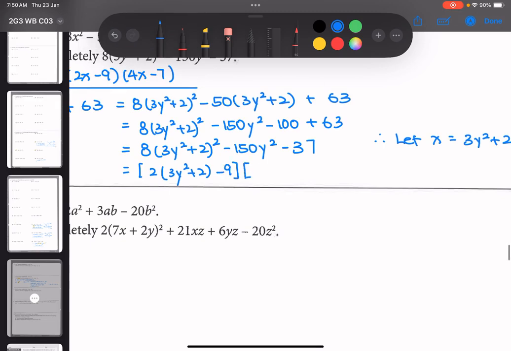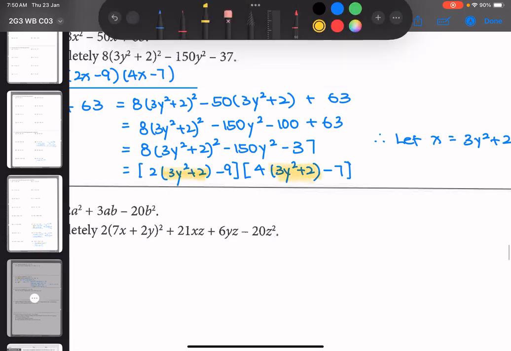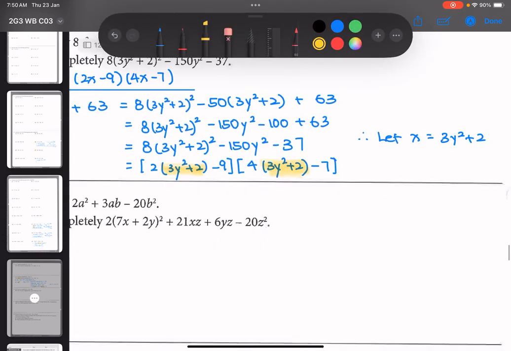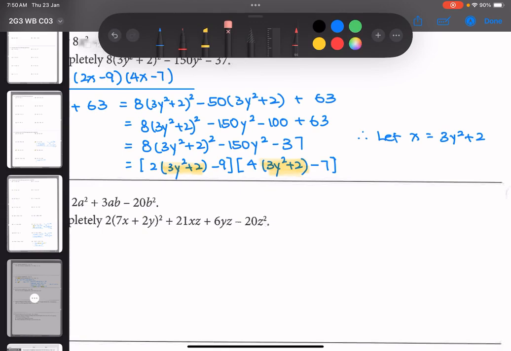My second bracket is 4 bracket minus 7. Okay, I replace the x with this bracket based on my instructions. Continue to simplify.